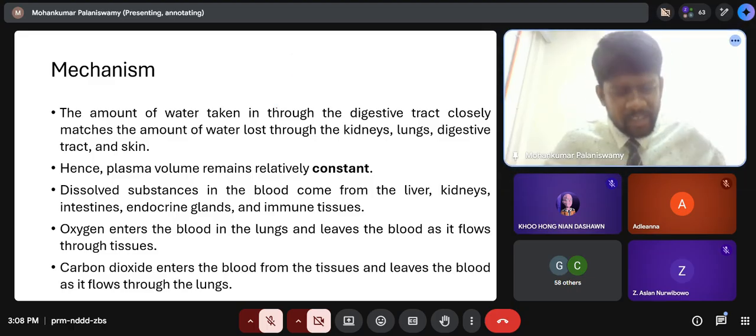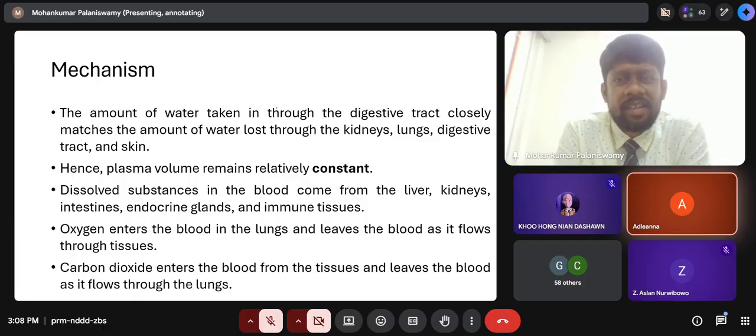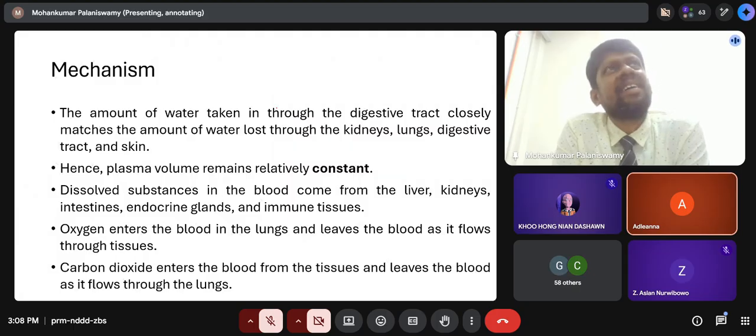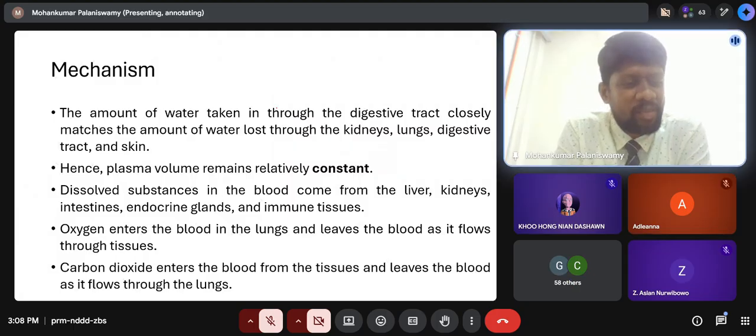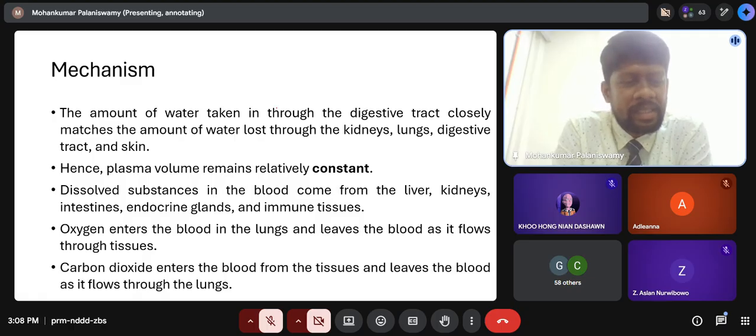Can you repeat again? The amount of water that has been taken is to replace the water loss. Okay, somewhat close, but not a very detailed explanation. But anyway, good guess. Thank you. Anybody else?